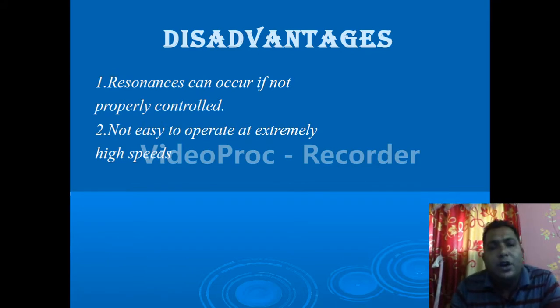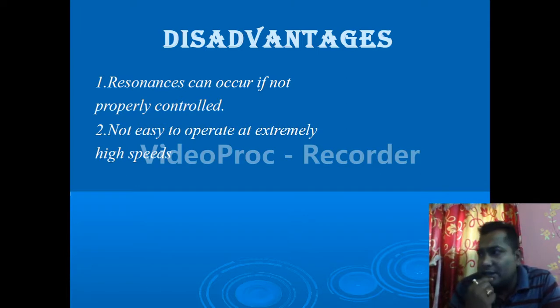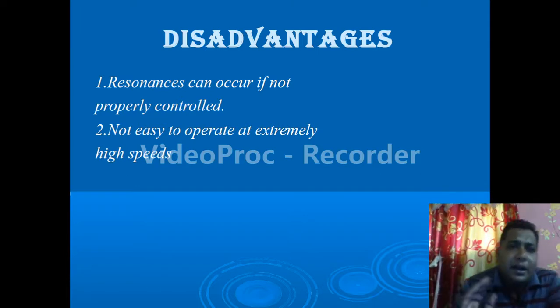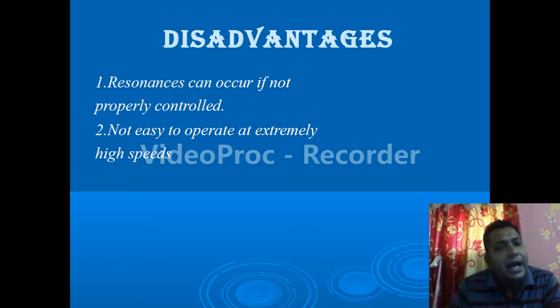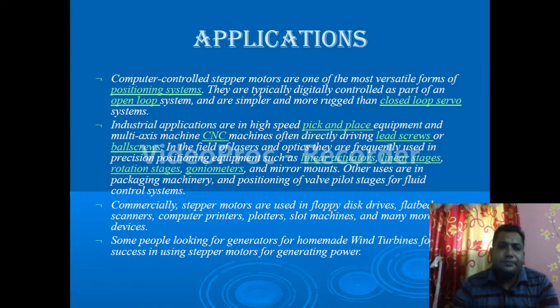Also, it is not easy to operate at extremely high speed. Definitely, as it has different step angles, it is very difficult to handle at a very high speed. So these are the advantages and disadvantages of the stepper motor.